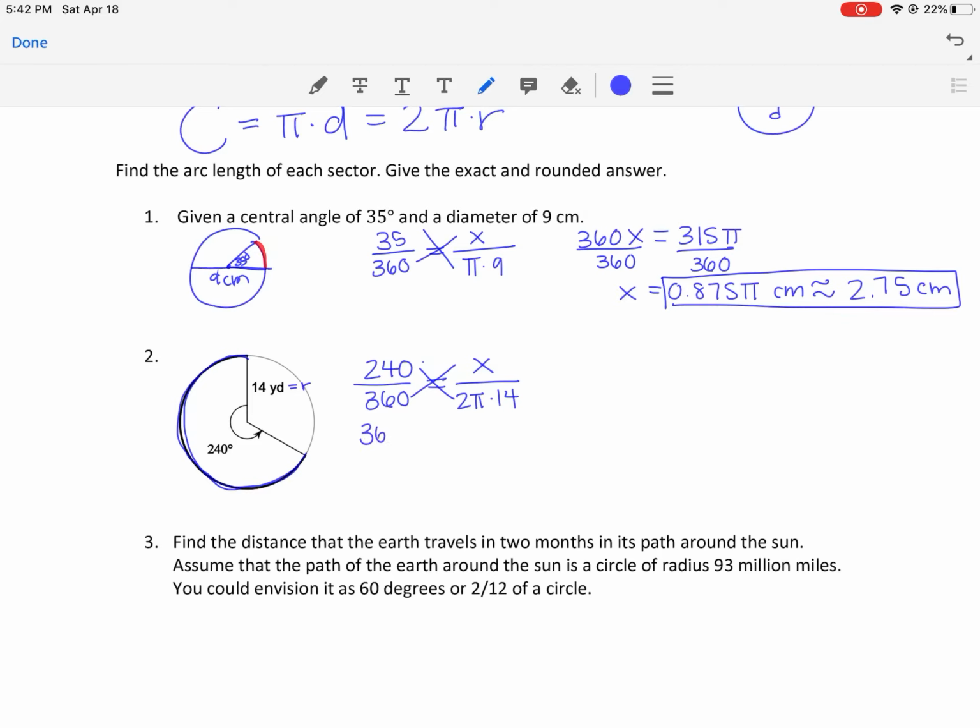Once again, cross multiply, we get 360x equals 240 times 2 times 14 is 6,720 pi. So now we divide both sides by 360, and we end up with x equals 18.67 pi yards, which is approximately, if we multiply times pi, approximately 58.64 yards.